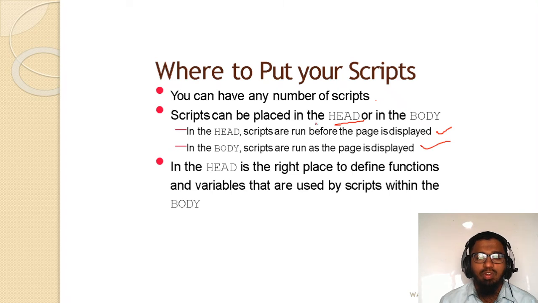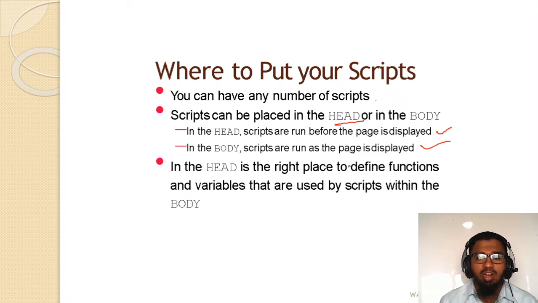This kind of question will be asked in your viva, where we need to write the scripting code. We can write in the head as well as in the body. The difference is, in the head, the script will run before the page displays, but in the body, the script will run when the page is displayed.